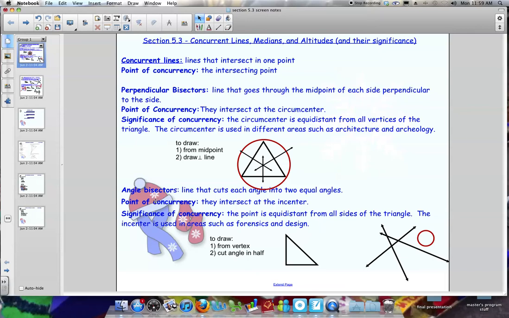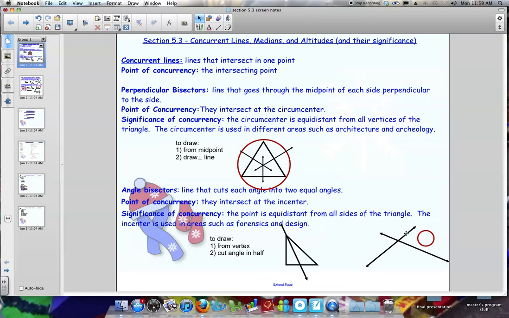The next point of concurrency we are going to find involves angle bisectors. An angle bisector is a line that cuts an angle into 2 equal parts. If I draw the angle bisectors in this triangle, I will draw a line that bisects this angle.